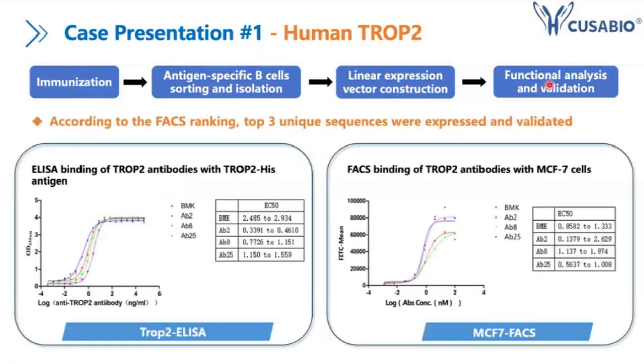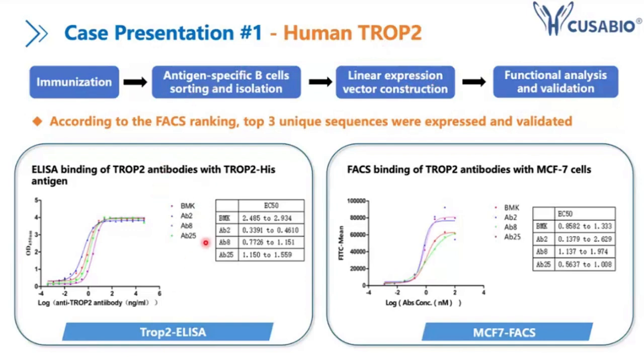I'm not going to show you a lot of detail for this project, but after the Phage screening, we got 24 leads. From there, we selected the top 3 to do the recombinant expression and the functional validation. So here's the verification result.